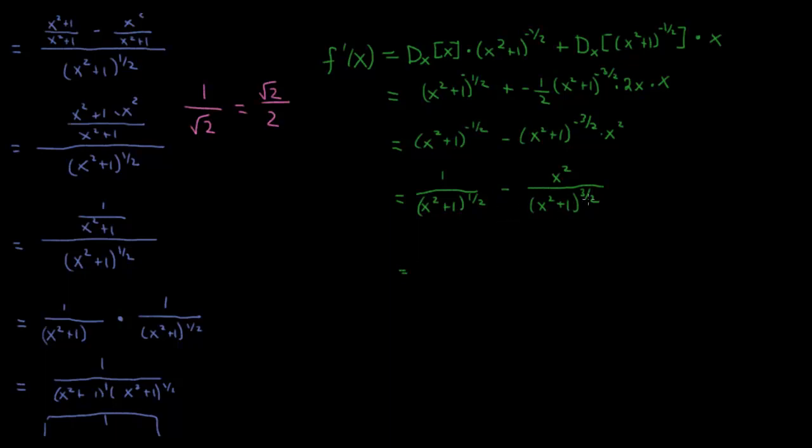Well, x squared plus 1 to the 3/2 power looks like a good candidate to me, because how can I get an x squared plus 1 to the 3/2 power on this left-hand fraction? Well, I can multiply it by x squared plus 1 to the first power over x squared plus 1 to the first power. Why does that work? Well, remember, when you multiply exponential expressions with the same base, you simply add the exponents. So it's 1 plus 1/2, it's 3/2.